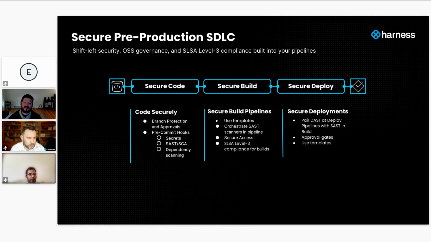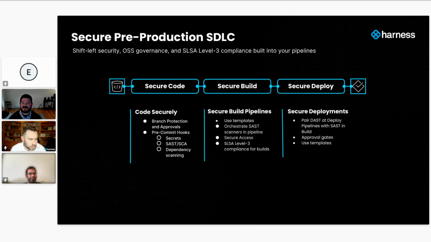And then finally, in the secure deploy pillar, this is where maybe we leverage additional types of scanning. So where static analysis or SAST is examining the source code, dynamic analysis or DAST is more of a black box approach. This is looking for vulnerabilities in the compiled code or in the artifact itself.